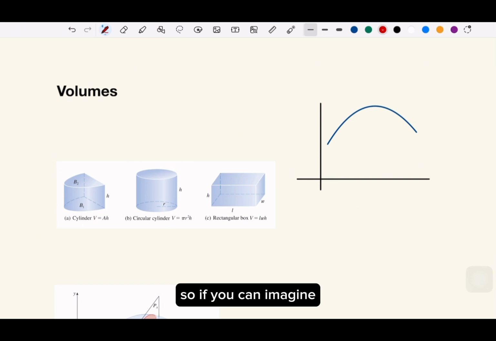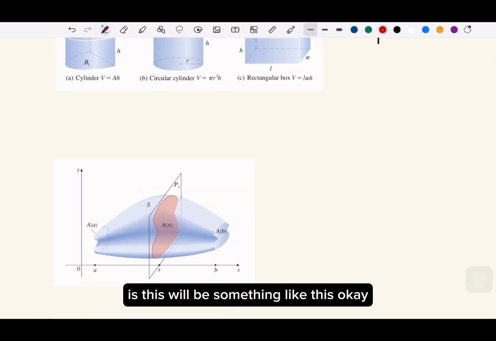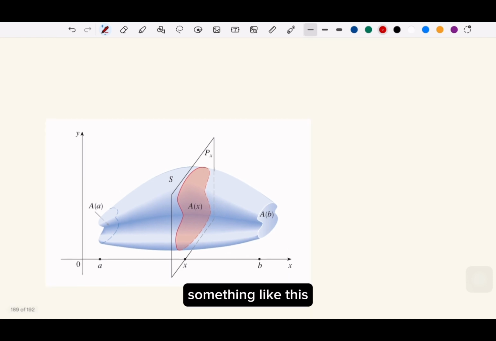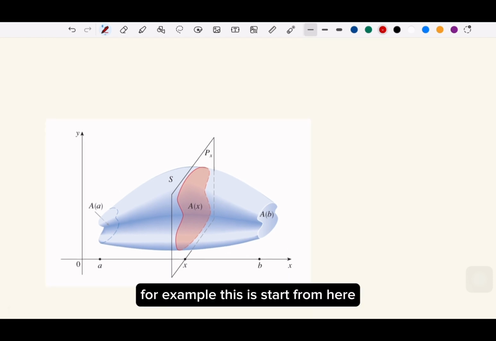It will be something like this. So you can have a solid, and if you slice this up, we will have some area inside.